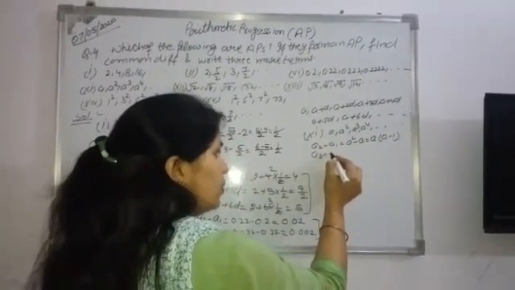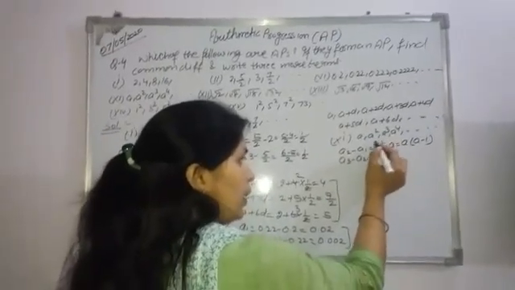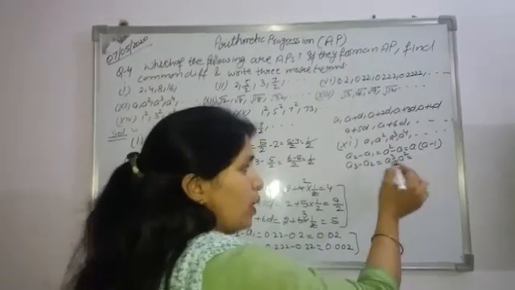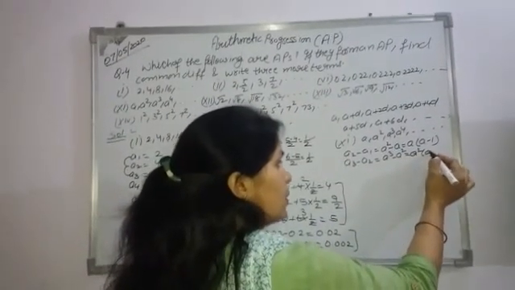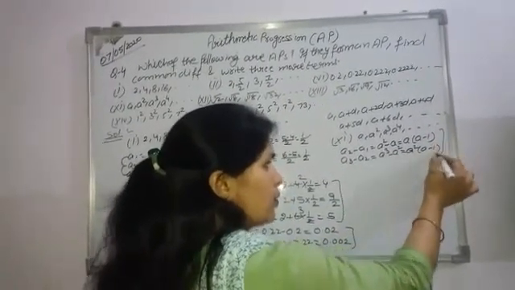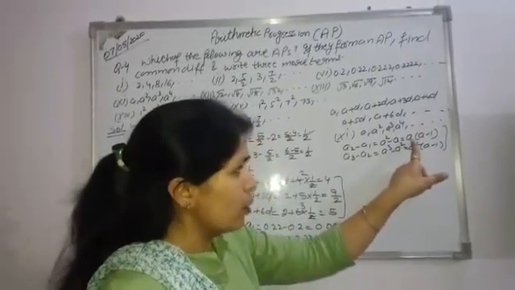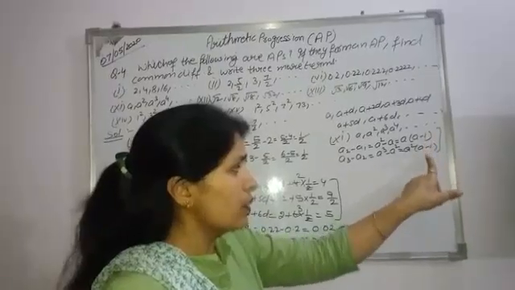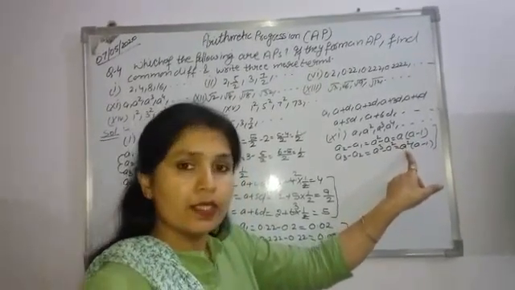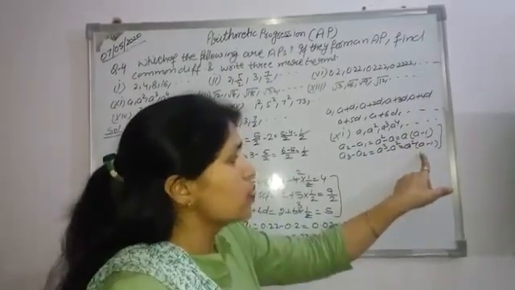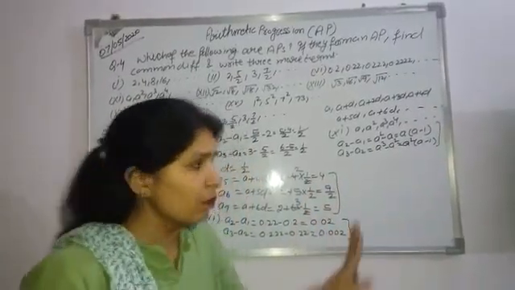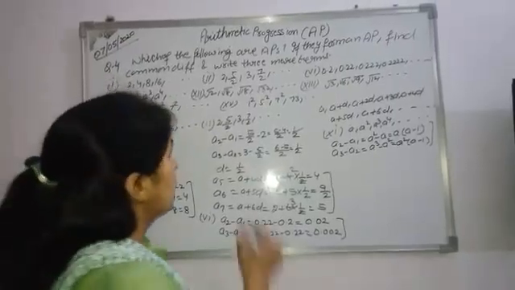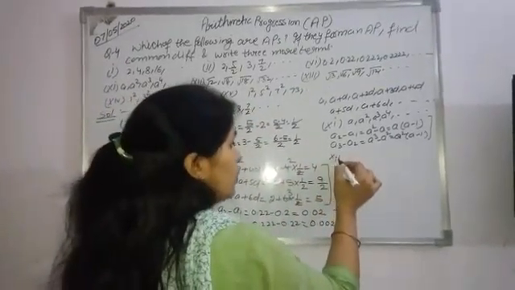Next one is a3 minus a2, which is a cube minus a square. If we take a square common, this term is a minus 1. Are these values the same? No. This value is a and this is a square. The factor a minus 1 is the same, but here is a and here is a square. So the difference is not the same, and if the difference is not the same, then we can say that these numbers do not form an AP.